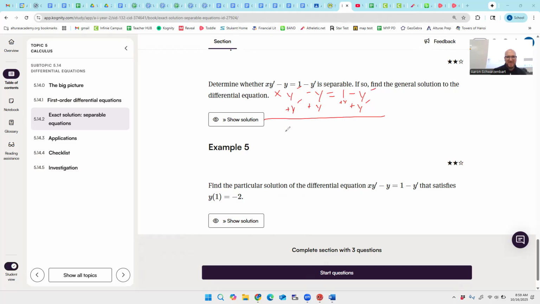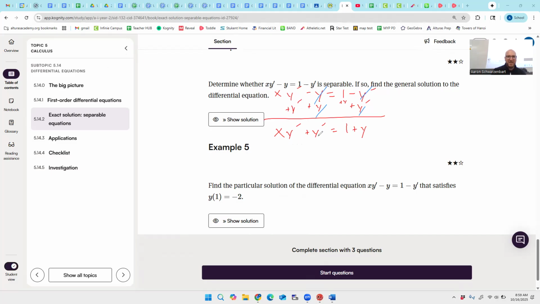So I'm swapping the sides. That makes sense? So I'm getting the y primes together. Those cancel and these two cancel. Does that make sense so far?